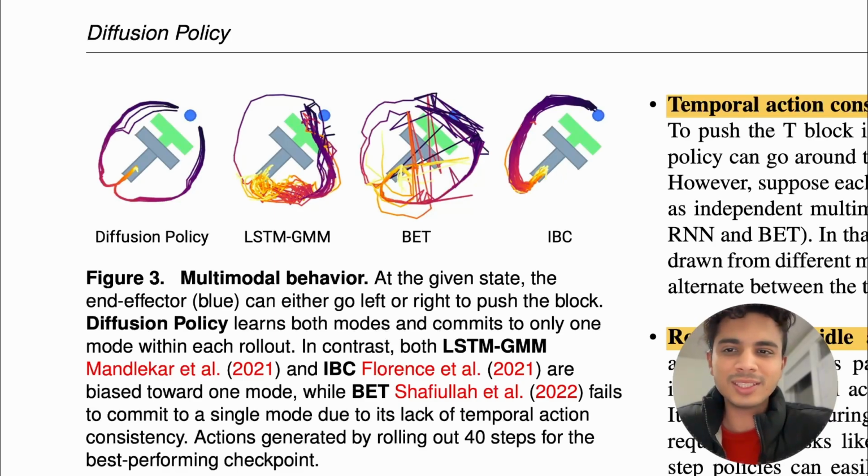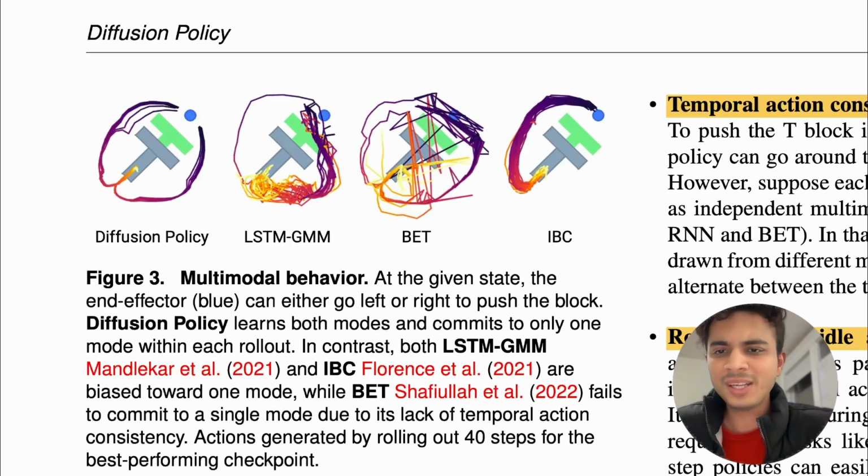What it has to do is push this T-shaped block into this green area, right? It has to move this robotic arm in such a way that this T also gets aligned with the green shades.